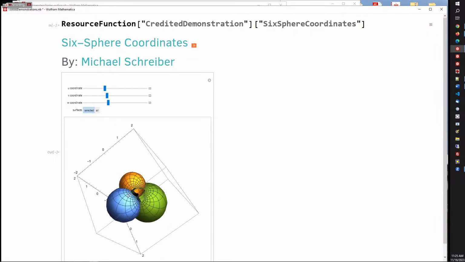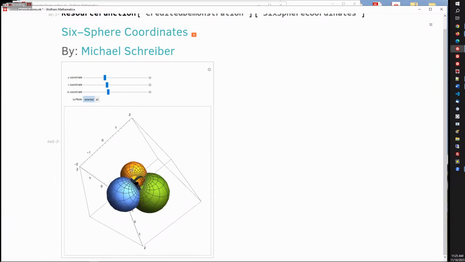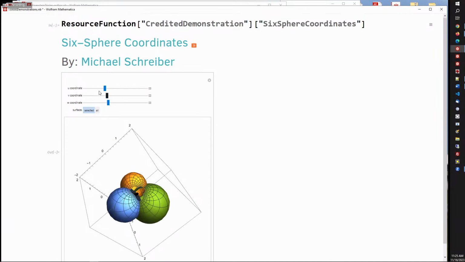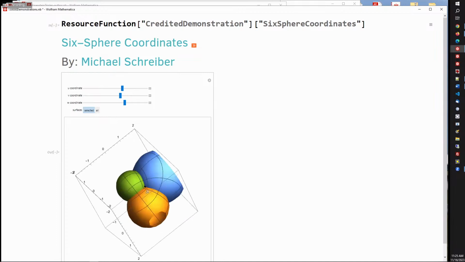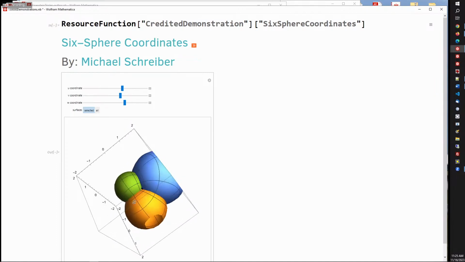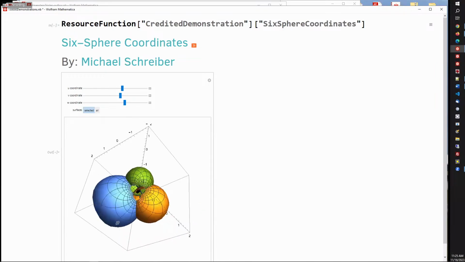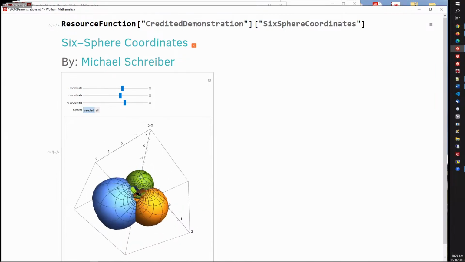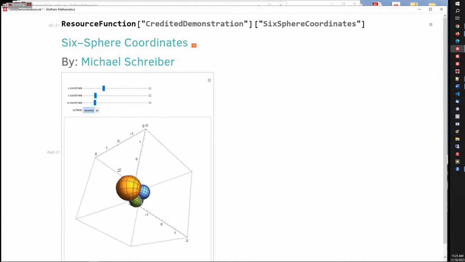Six-sphere coordinates. For any point, you can convert from the XYZ system to what's called the six-sphere coordinate system. Basically, for XYZ, you sum the squares of those, x squared plus y squared plus z squared, and x is divided by that sum, y is divided by that sum, and z is divided by that sum, and that converts into a system of six spheres within 3D.